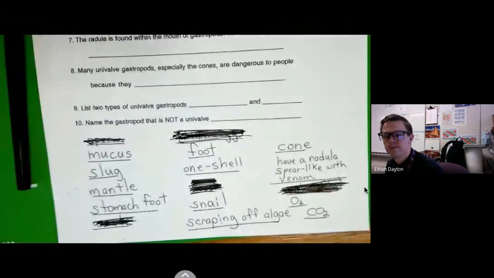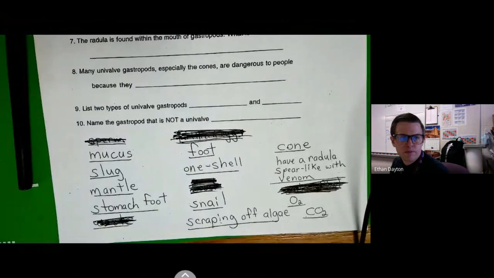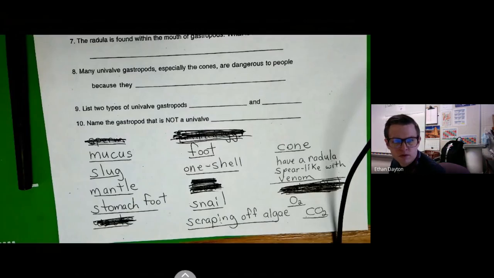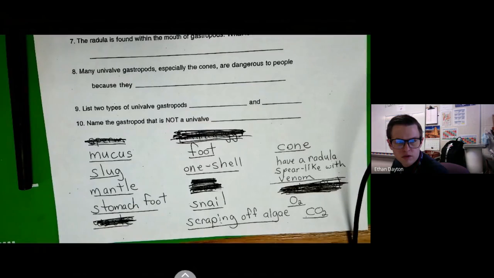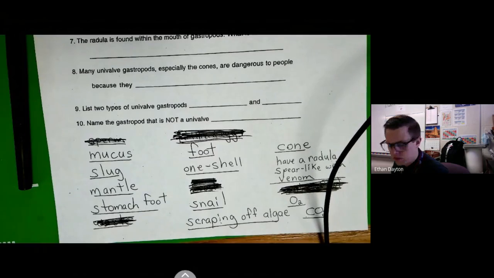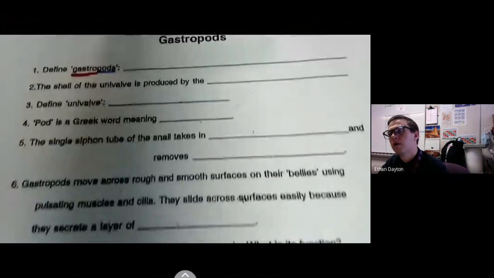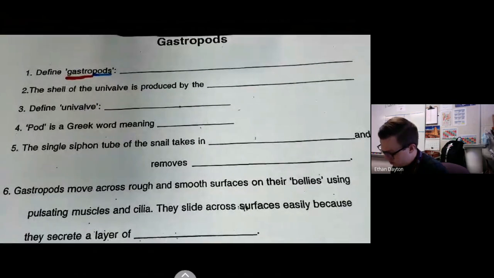Take a look down there. Number 2, the shell of the univalve is produced by the what? What produces the shell?